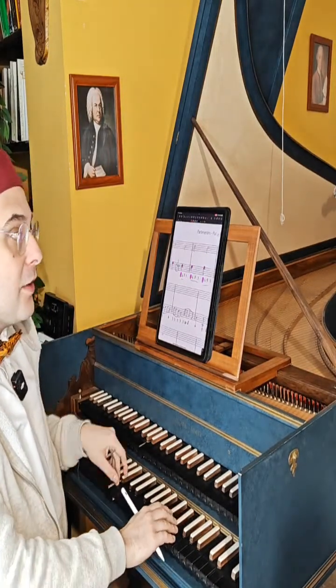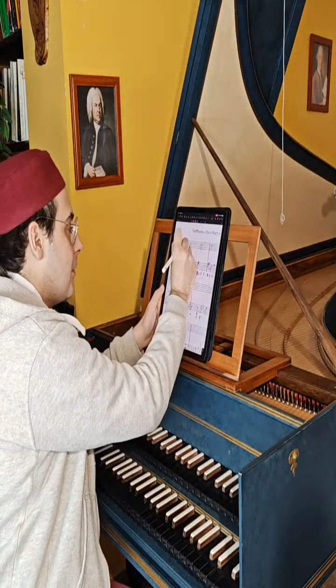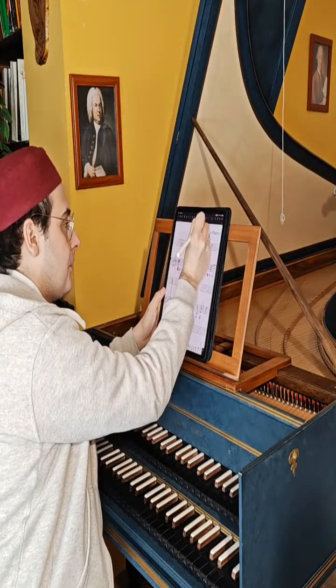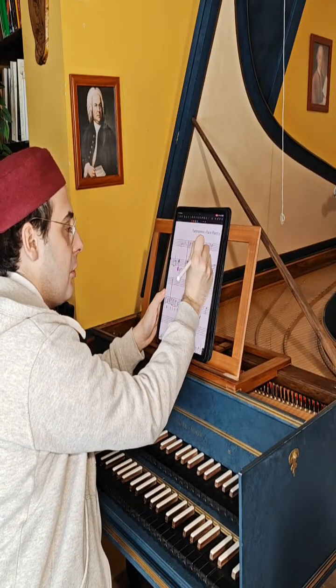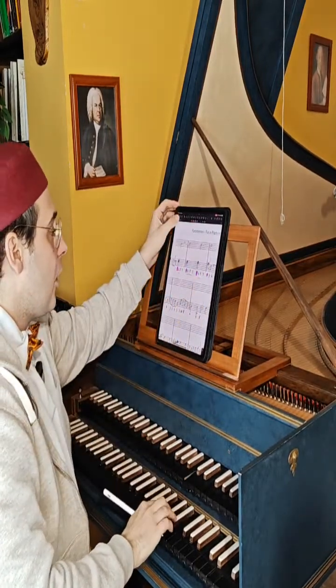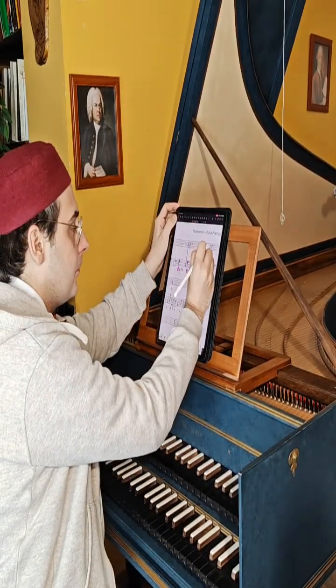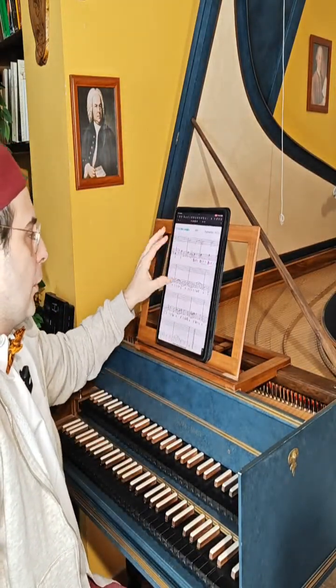And now it makes sense because we have this melody. As you can see, fa, sol, la, etc. Sol, la, fa, sol, la, this way. And then this is our realization.